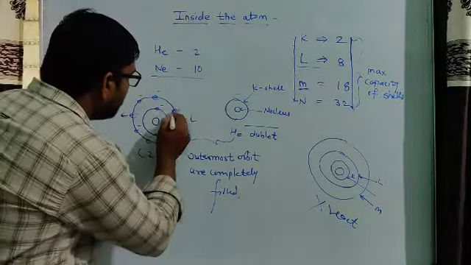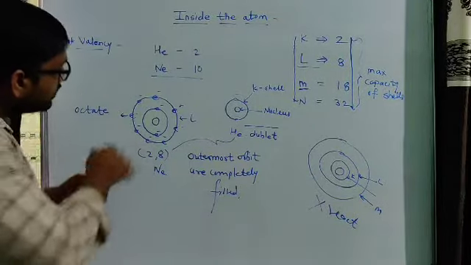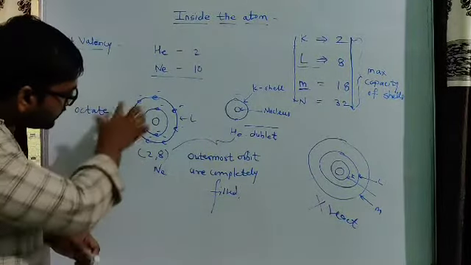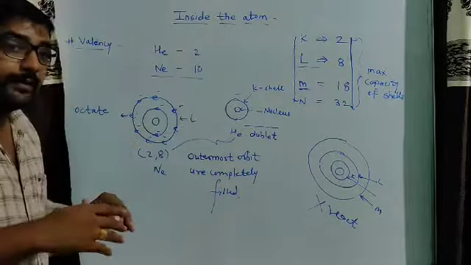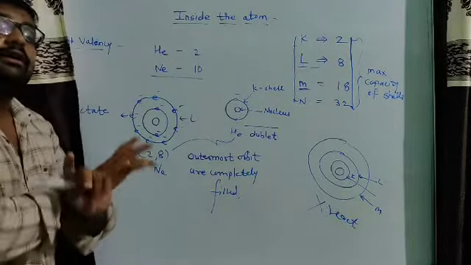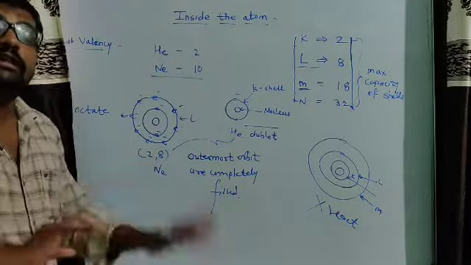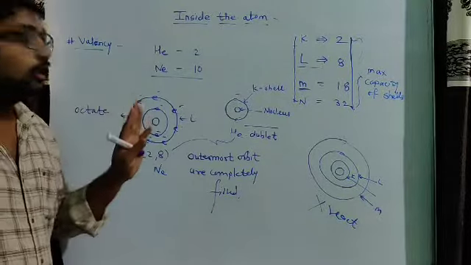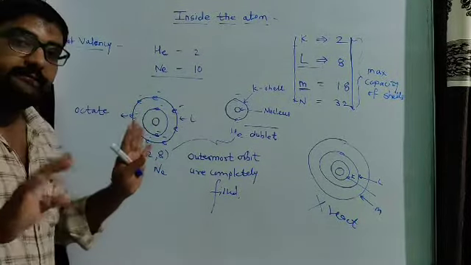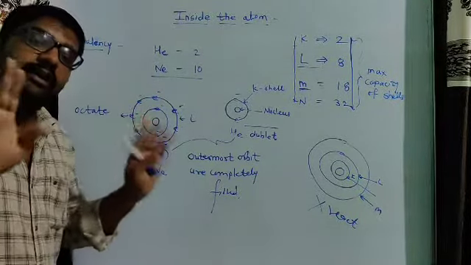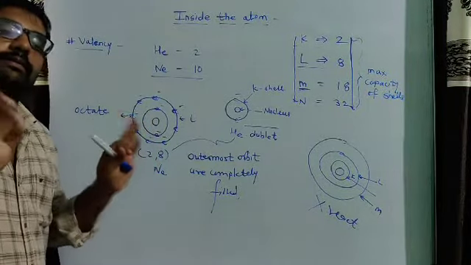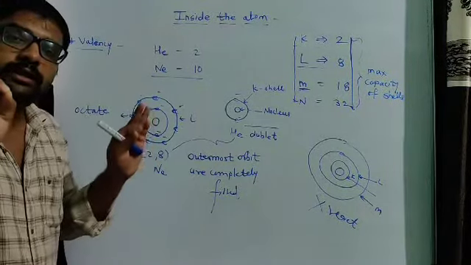If here 8 electrons are there, then this outermost shell is completely filled. Then this atom does not need any other element to complete its octet. It is fulfilled now, so it remains at minimum energy level.